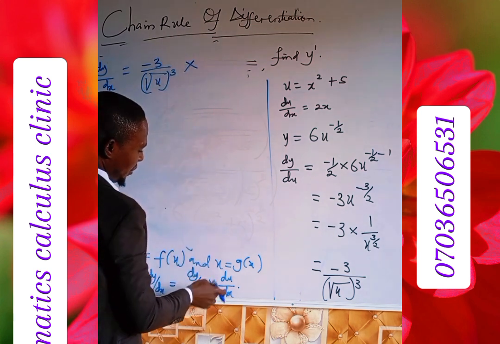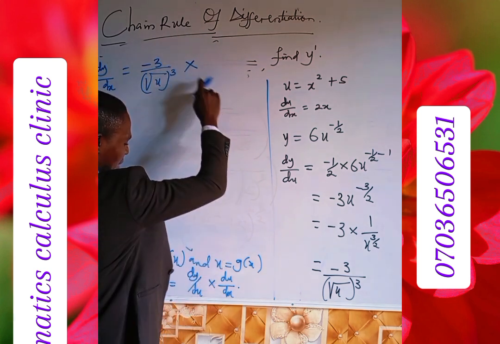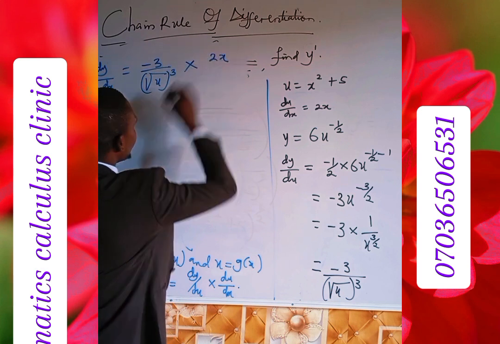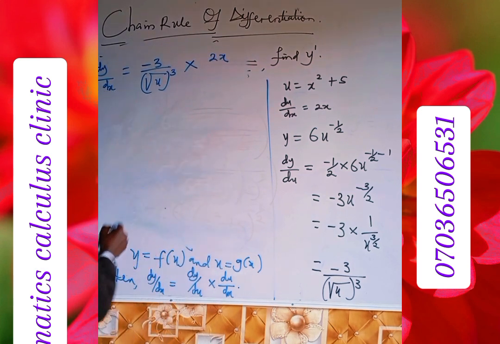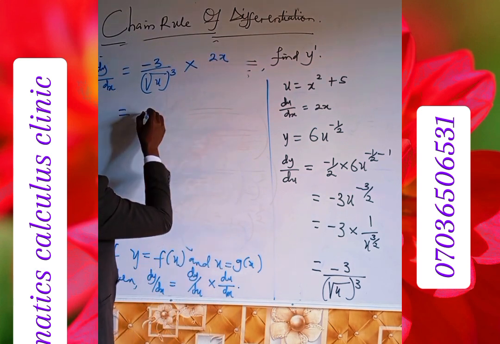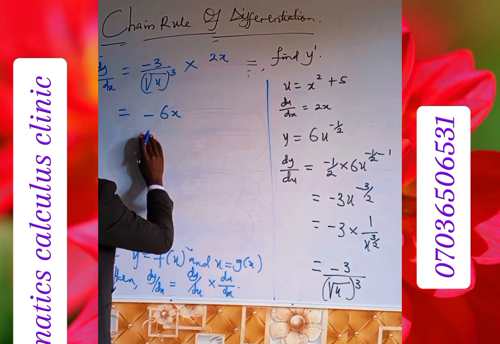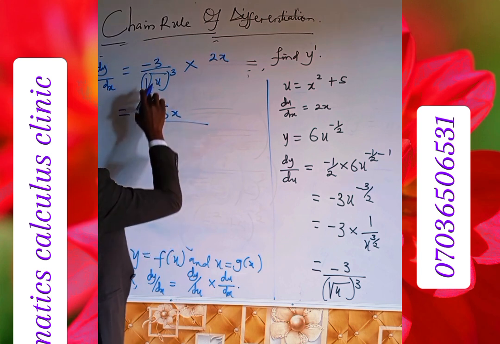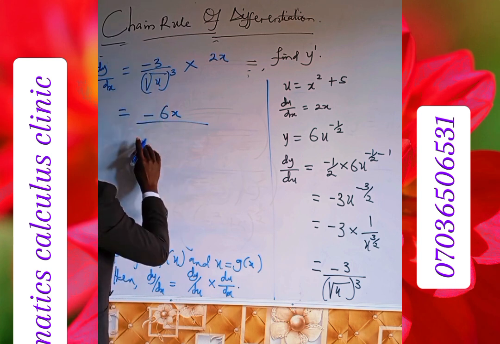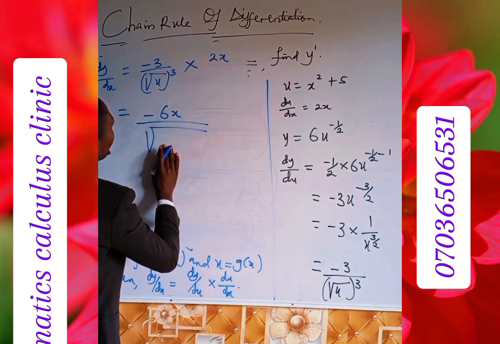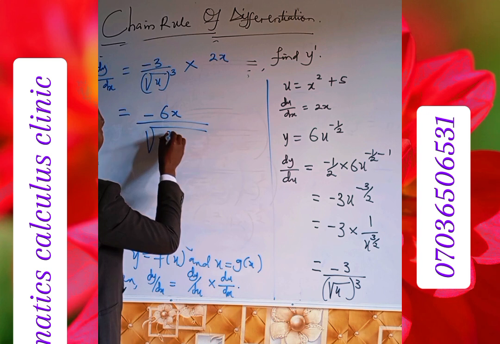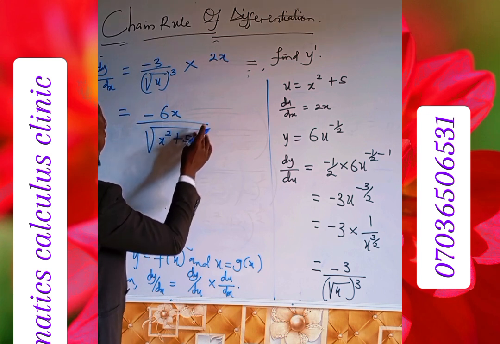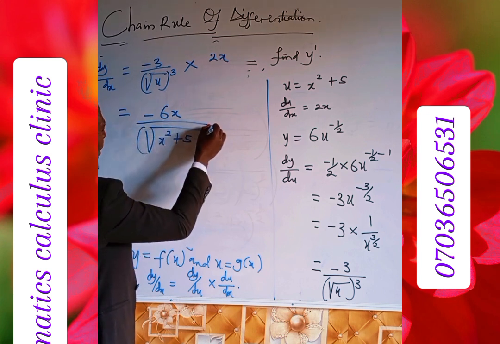Times, what is du/dx? du/dx is 2x. So this is the same as what? Minus 6x divided by, what is u? Divided by square root of x squared plus 5, everything raised to power 3.